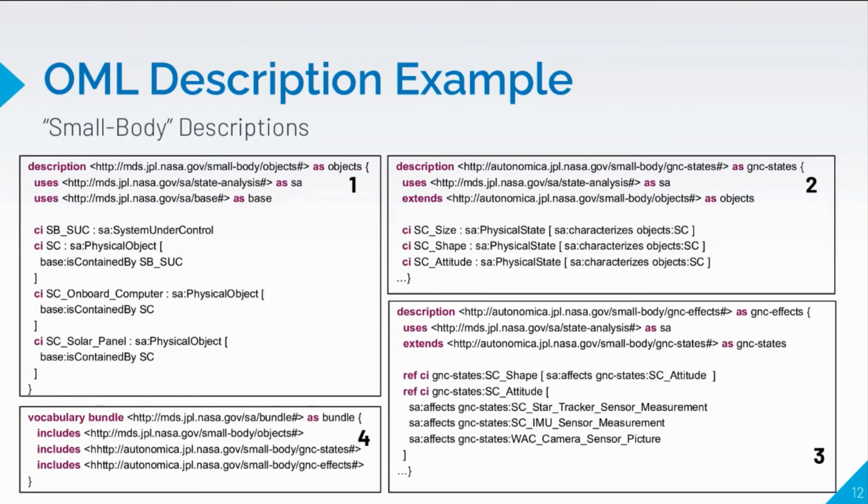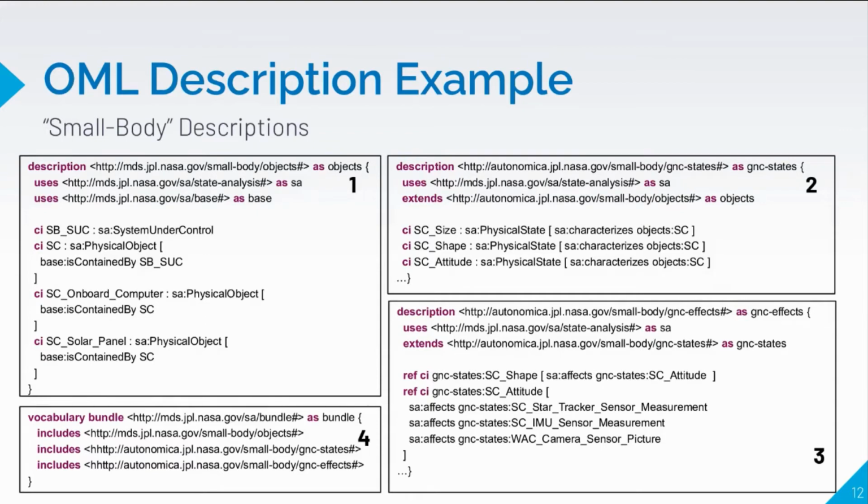And as an example of using descriptions, it's a case study called Small Body, which is like a mission, a space mission to an asteroid to navigate and land there. So we want to describe the system under control in the state analysis methodology.